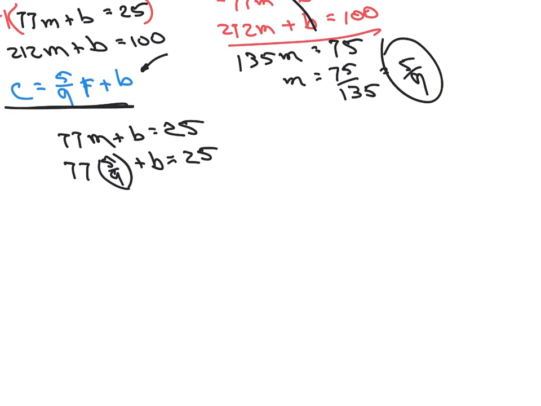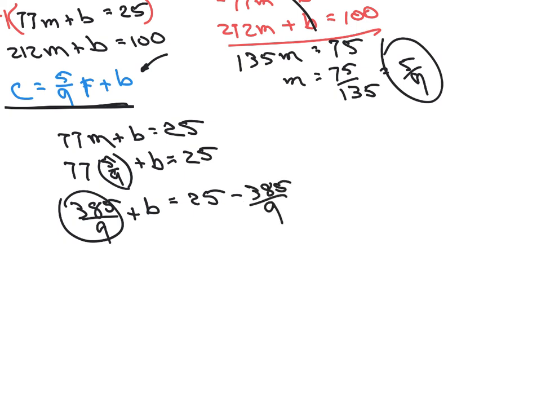Okay, so if we continue on with this, we get 385 when we multiply 77 times 5 over 9 plus B equals 25. Subtract this from both sides. Okay, so now we just have B equals that.